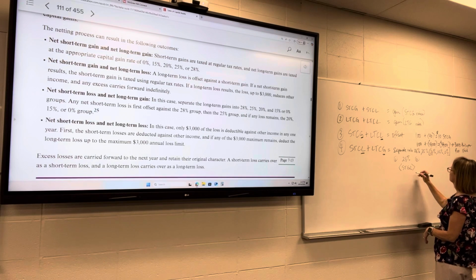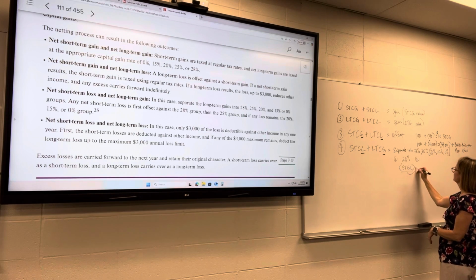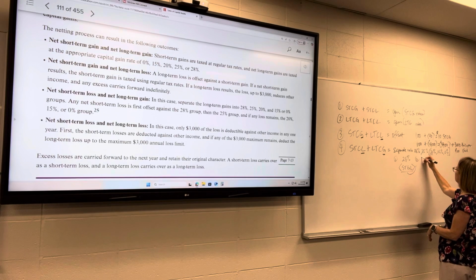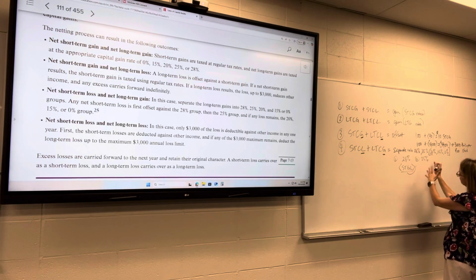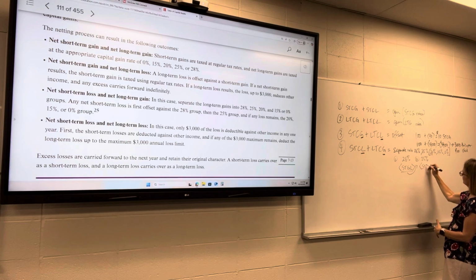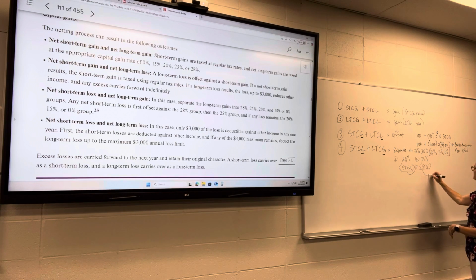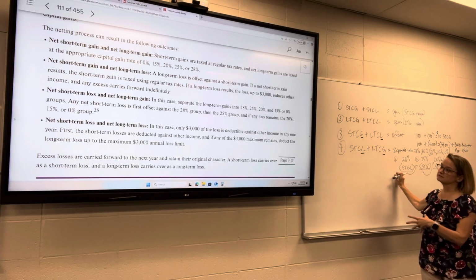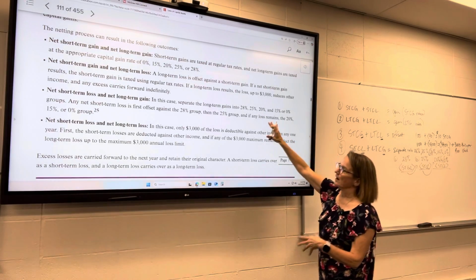Second step, we're going to take the result, take our 25% gain property and subtract it from the remaining short-term capital loss. And then the rest, we're going to apply against our 20, 15, or 0% capital gain property.